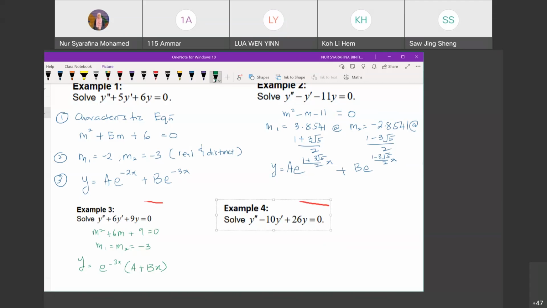Solving this will give you m equals 5 plus minus i.